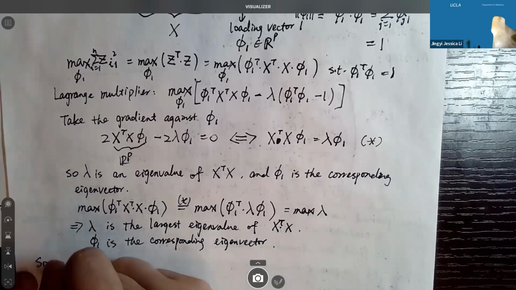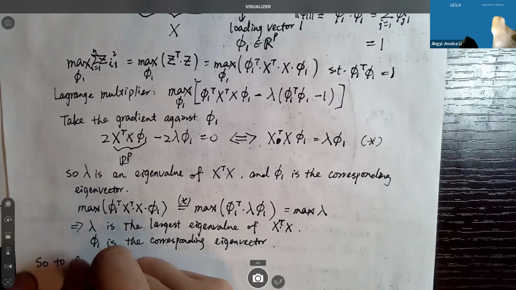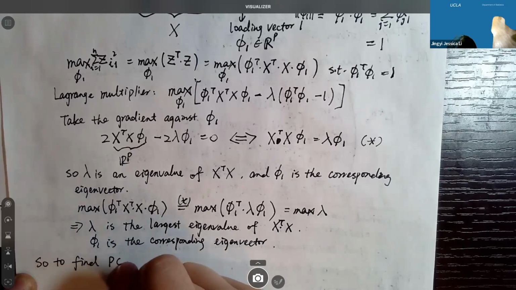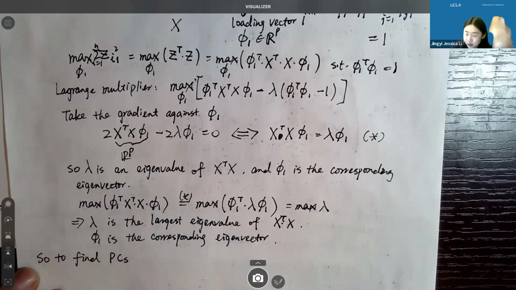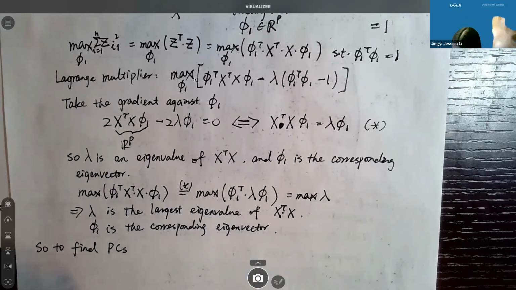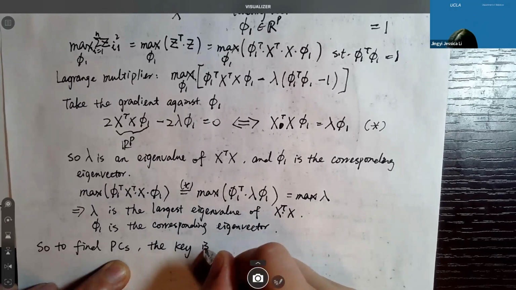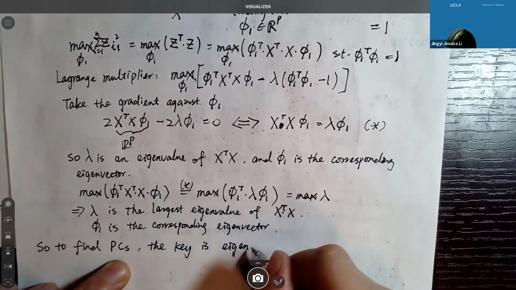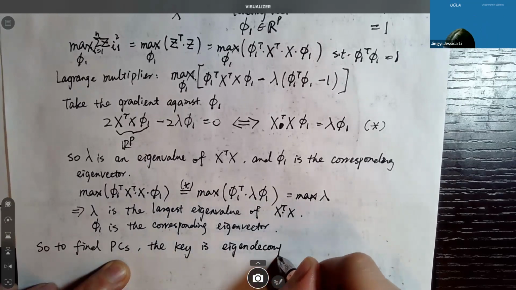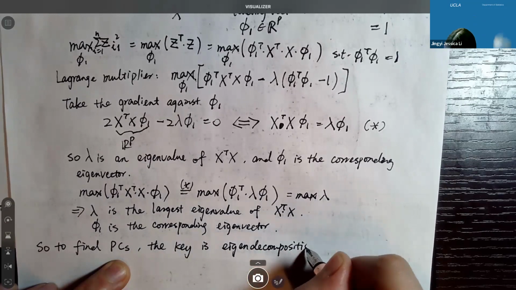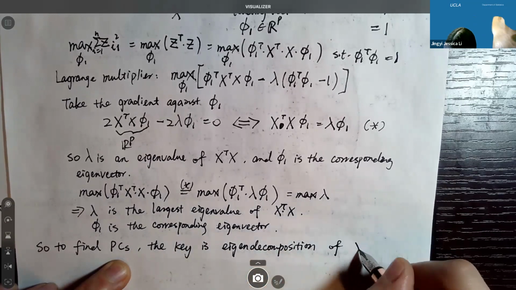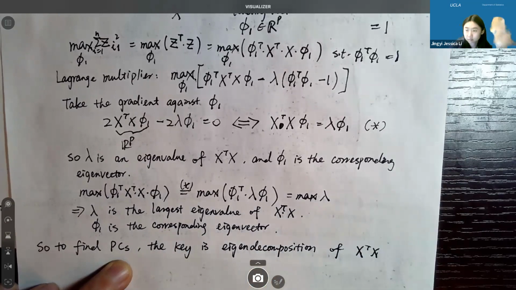So to find PCs, when we do PCA, the key is eigen decomposition of this matrix, X transpose X.